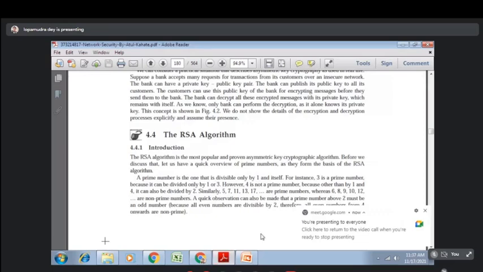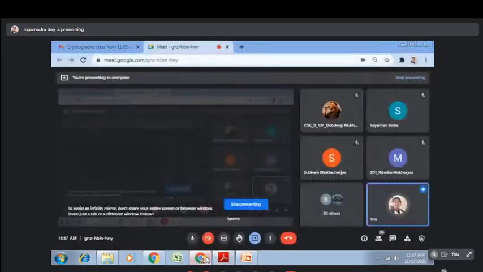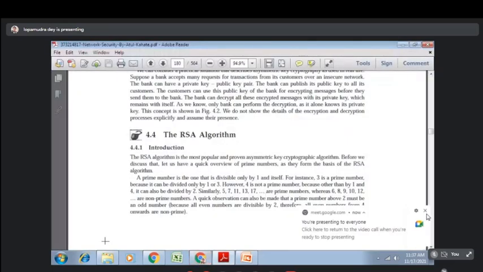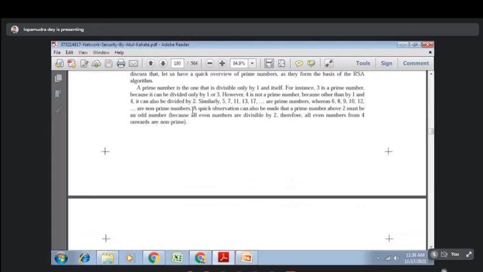Diffie-Hellman key exchange generates keys in the case of symmetric key cryptography, whereas the RSA algorithm generates keys in the case of asymmetric key cryptography. Three scientists generated this algorithm, so as per their names, it is called the RSA algorithm.